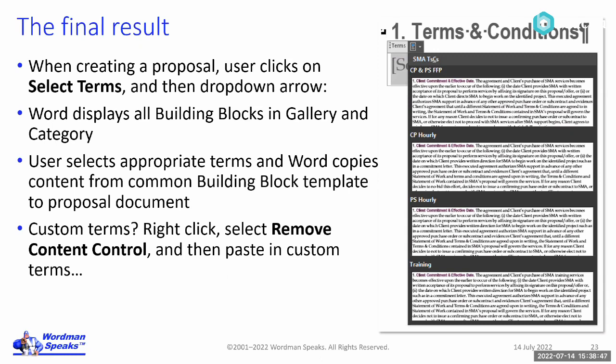Then you can obviously paste in any custom terms you want. So you're not trapped into having to use one of these. You can just say remove the content control, and I'll just put in my own terms and conditions. Okay.